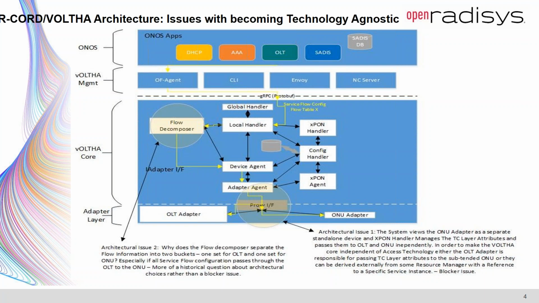But I think that's an issue that needs to be solved independent of whether XPON is doing it or not, because the PON ports may be in different pods. They may be geographically distributed, so you still need a way of synchronizing the TC layer parameters independent of XPON. XPON handles pod local allocations.